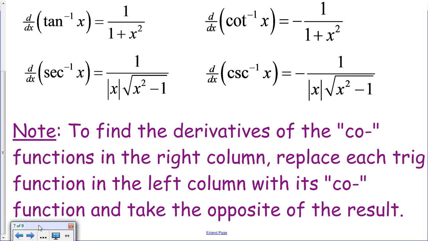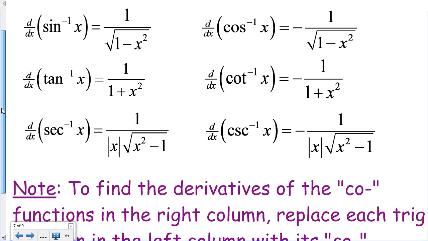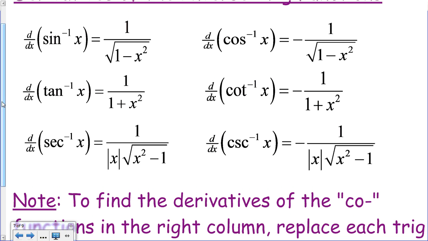That's the exact same method that we talked about to help you remember the derivatives of your 6 trig functions. So once I know 3 over here on the left, I can use that little tip to help me remember the other 3 on the right. Okay, all of your co-function derivatives are negative.